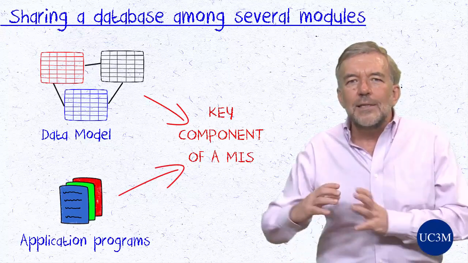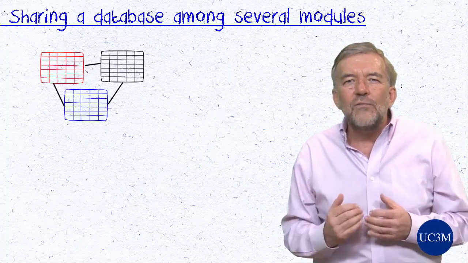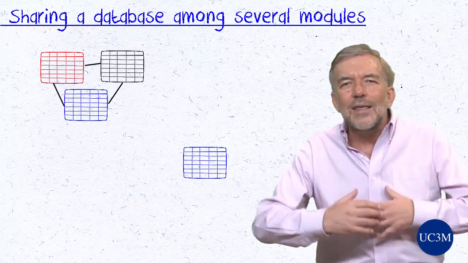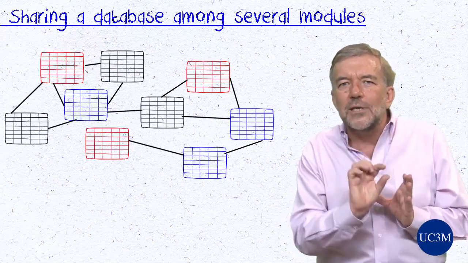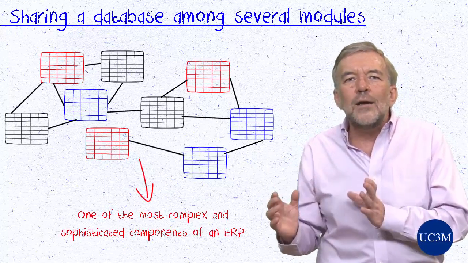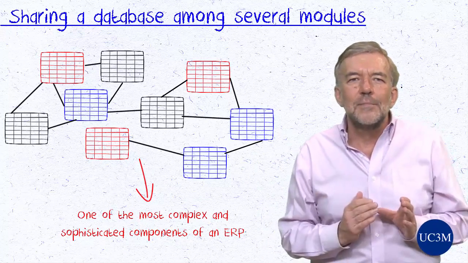In fact, the logical structure of an ERP's database, often encompassing literally thousands of tables with their corresponding attributes, definitions, and relationships, is one of its most complex and sophisticated components.